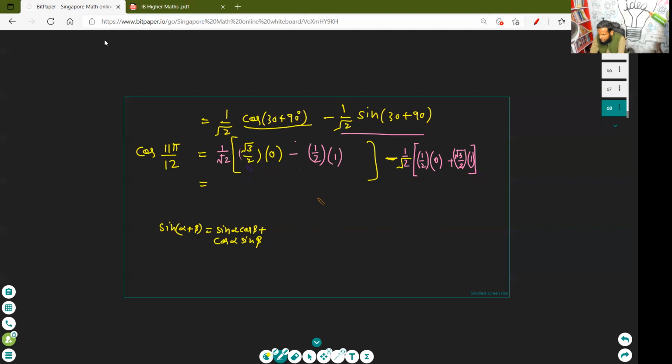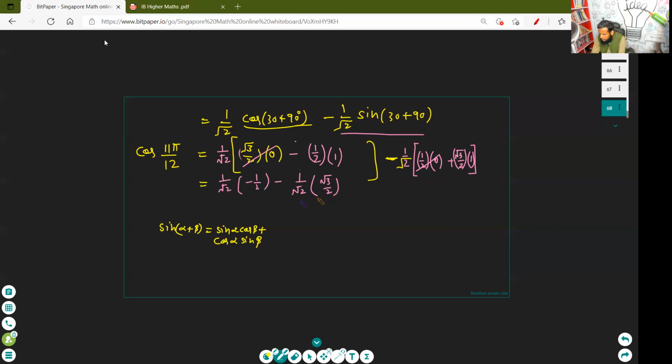This term is 0. So 1 over root of 2 minus 1 over root of 2 times root of 3 over 2.